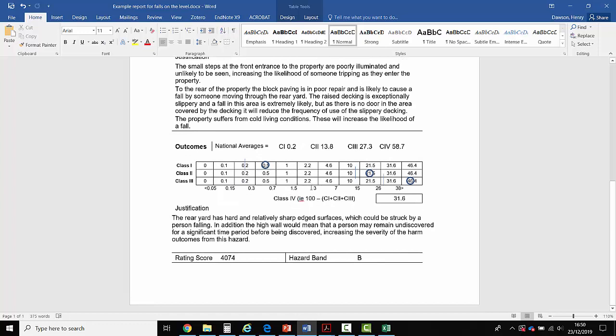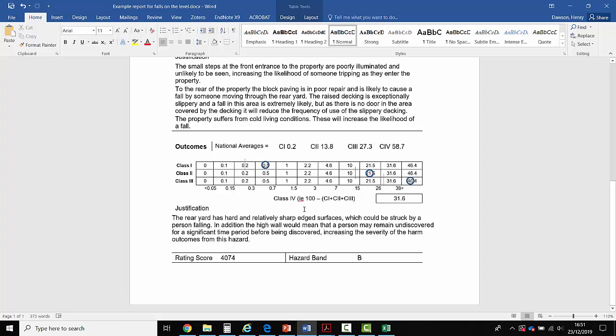So we're then looking now at the outcomes. The national averages are given there, and I've put these little lines just to indicate where they are on the spread of harm outcomes. So if we were to leave the example at the national averages, we'd use the representative scale points 0.2, 10 and 31.6.